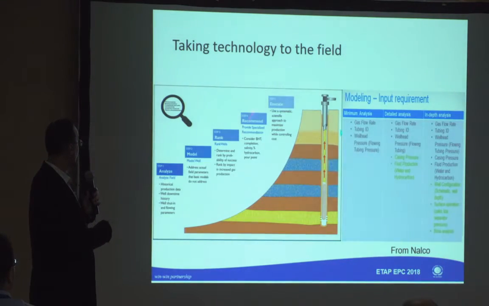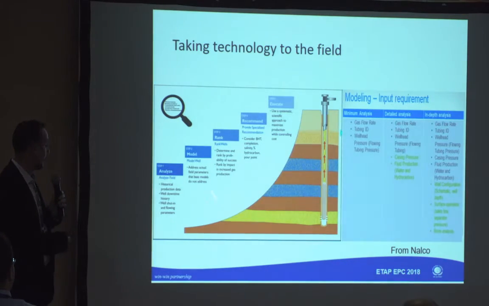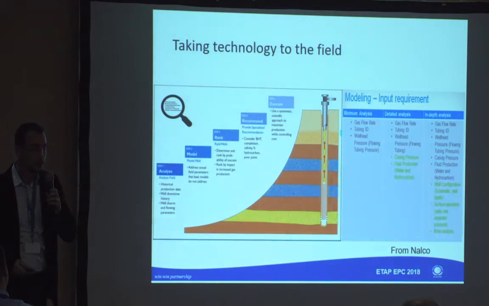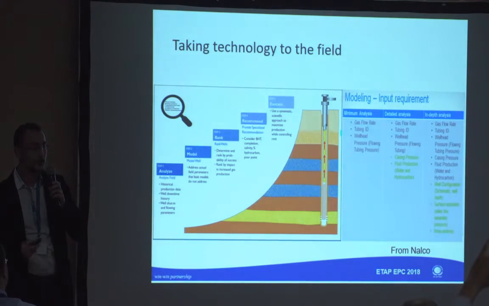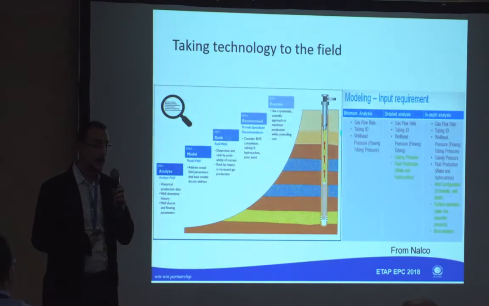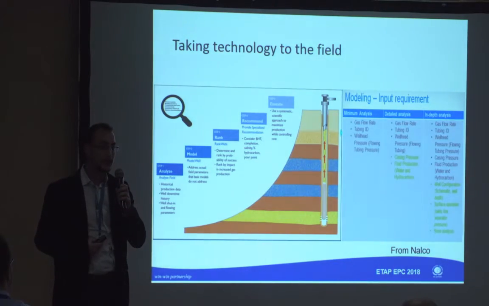So these are the steps we took in our project. Initially, we started looking at the wells, trying to identify which wells were liquid loading, and whether we can improve the performance by reducing the impact of liquid loading. We took some gas, water, and condensate samples, and we sent them for lab analysis.